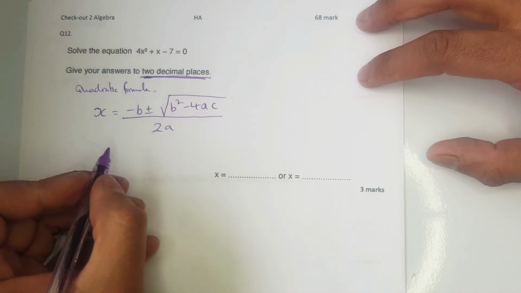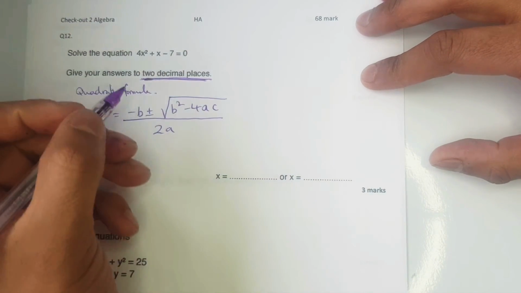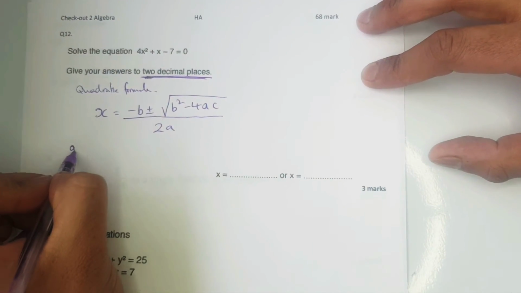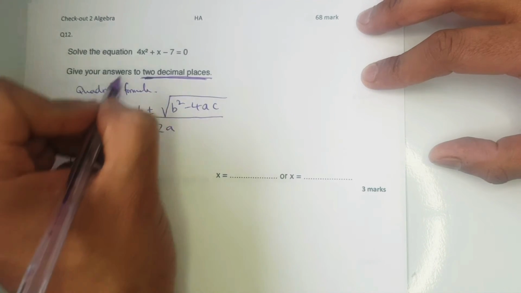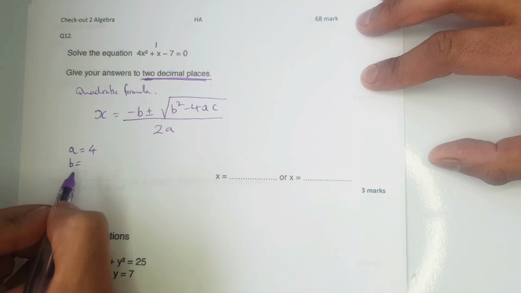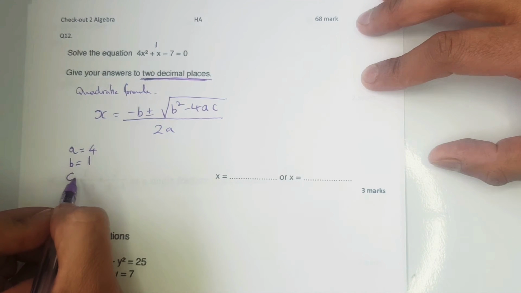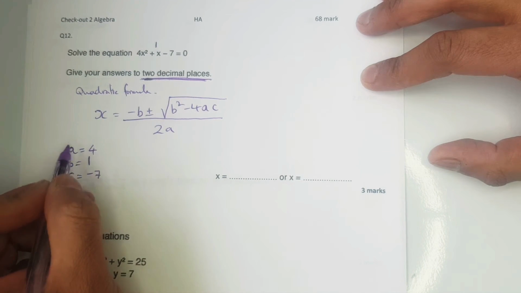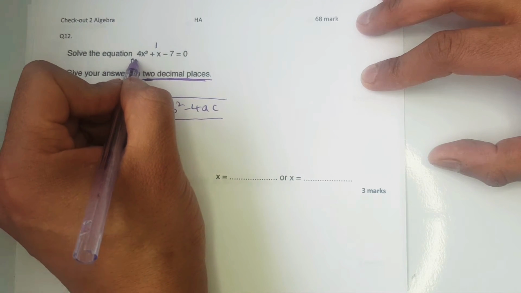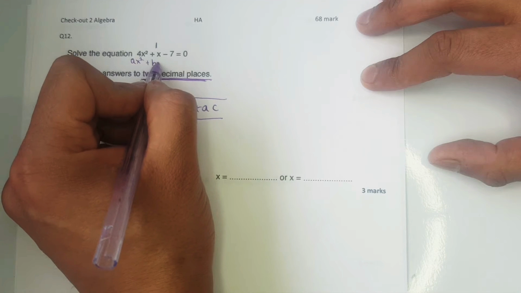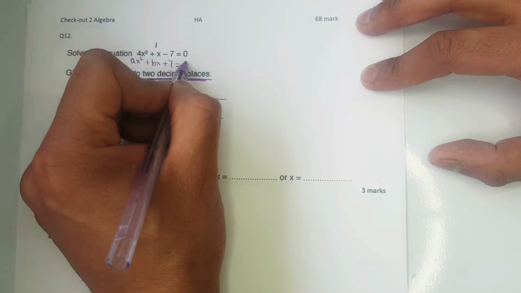So all we're doing is just substituting it, where a is equal to 4, so the coefficient of x squared is 4, b is equal to the number in front of that, which is 1, and c is negative 7. So this is what we're going to substitute, because this formula is in the form ax squared plus bx plus c equals 0.